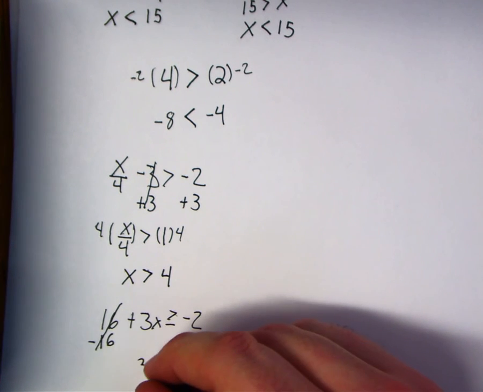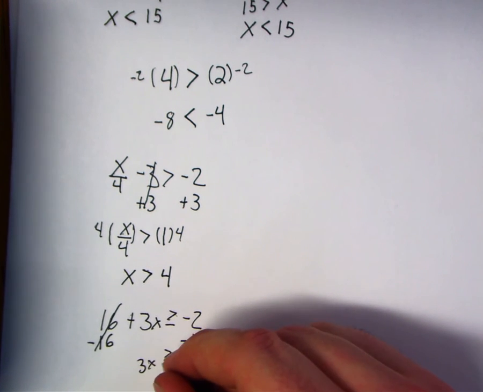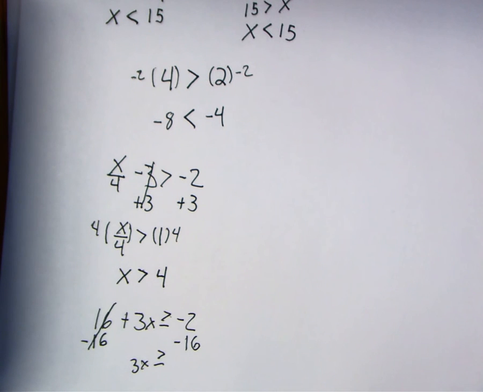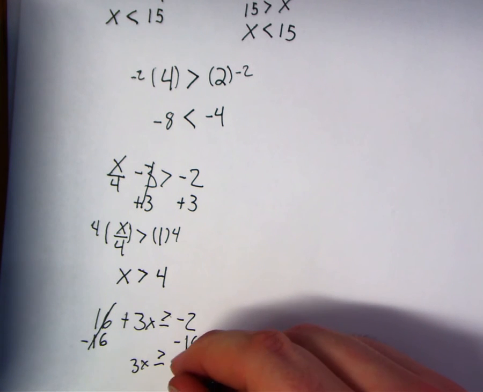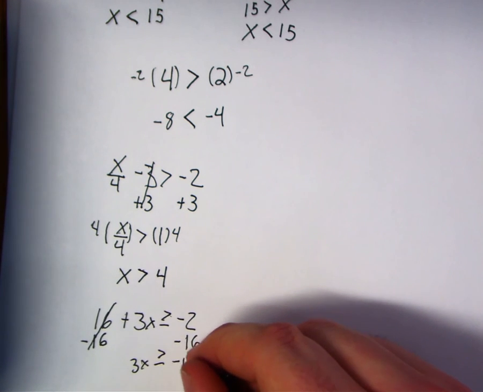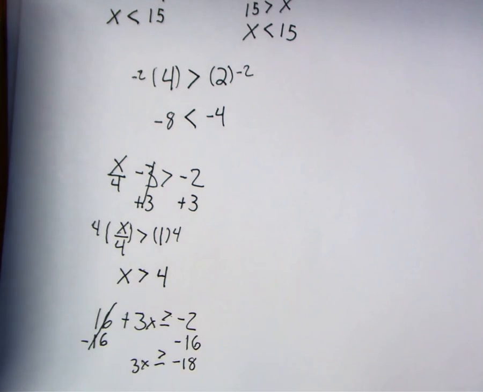And then we'll be left with 3x greater than or equal to -2 and -16. If we add those two negative numbers together, we get a -18. That leaves us with 3x is greater than or equal to -18.